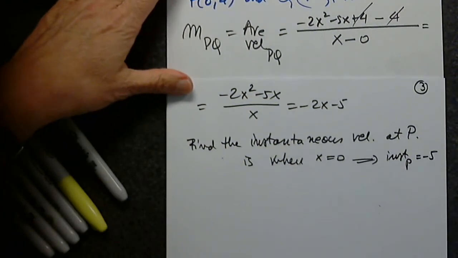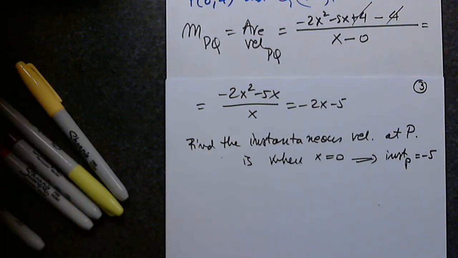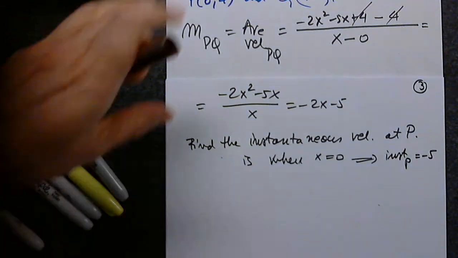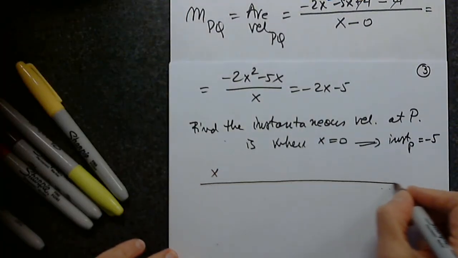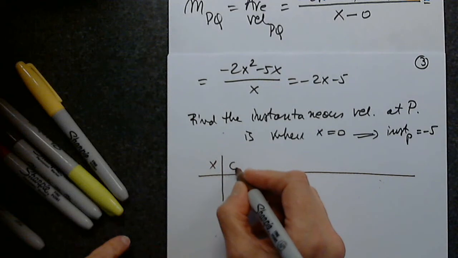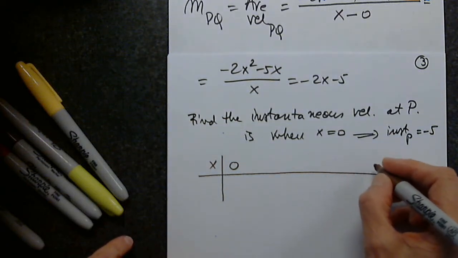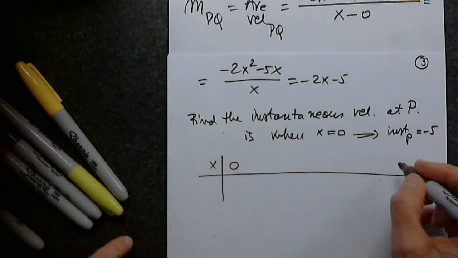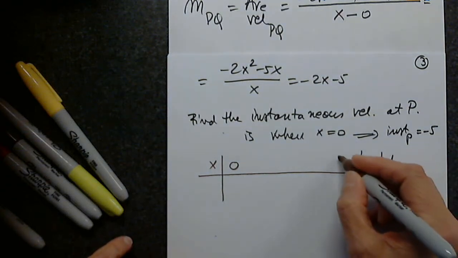Okay, this was very simple, right? Here's what I would like to do now. I would like to look at a table. Let's create a table where x is 0, and I have very far away, I have 1, then I have 0.5.